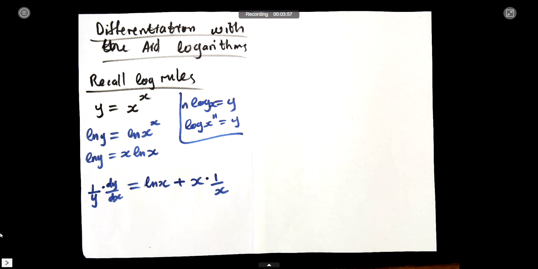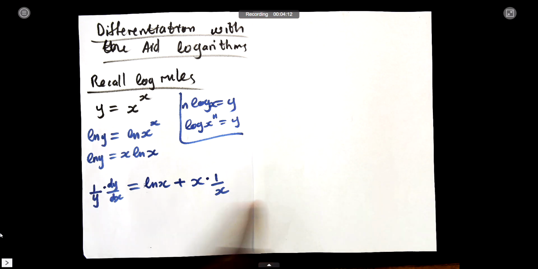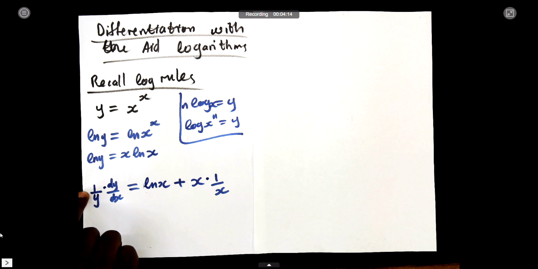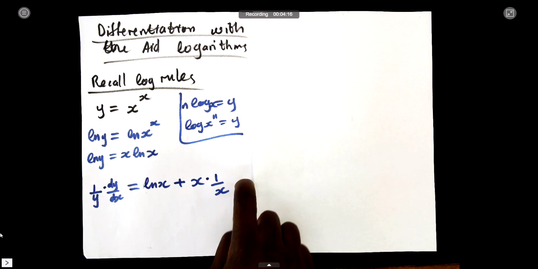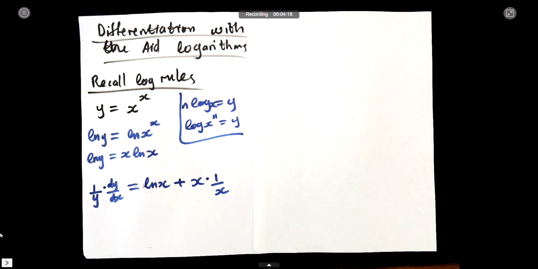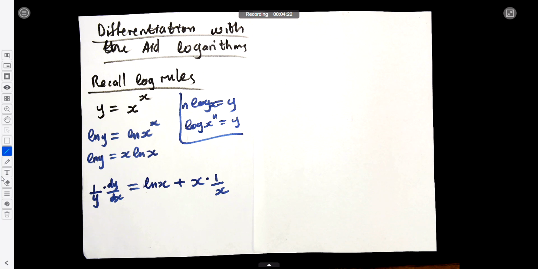So from there, we need to make dy over dx the subject of the formula. So what are we going to do? We have 1 over y. To get rid of it, since y is dividing, we need to multiply by y on both sides.